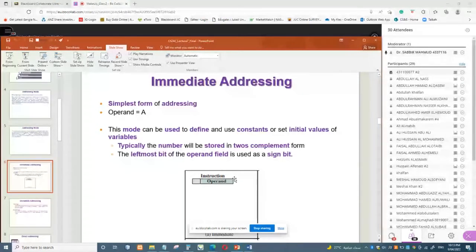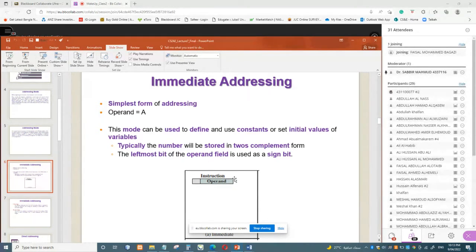In immediate addressing, the question is how many bits will be used for our opcode. For example, load immediate is the opcode, and how many bits will be used for the destination register, and how many for your immediate value, the constant value. If you have only 16 bits, and out of that I use 5 bits for the opcode, then we have 11 bits.